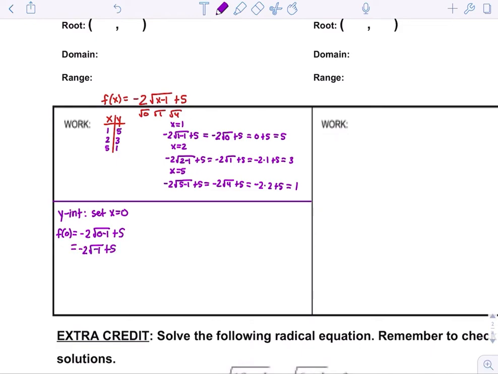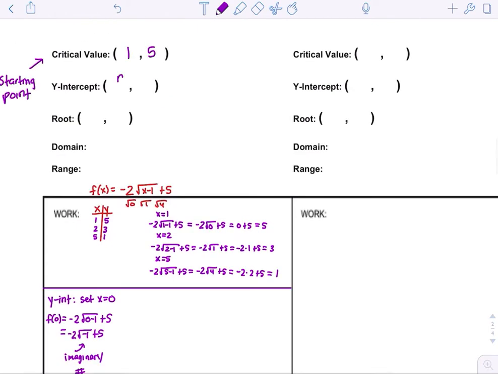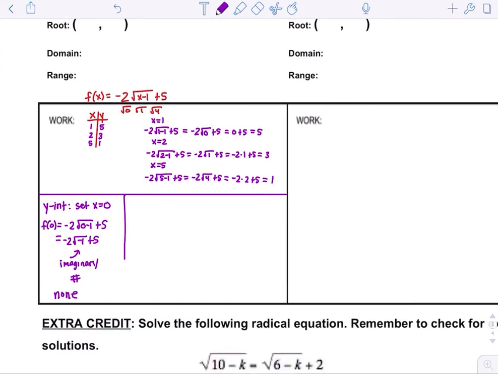I'm going to stop right there, because you know that this is going to give you an imaginary number. And if that gives you an imaginary number, then you can't really plot that. So your y-intercept is going to be none for that problem. Okay, so mark that down.